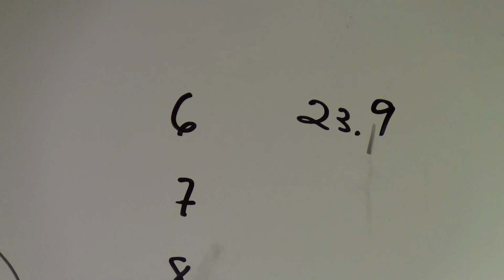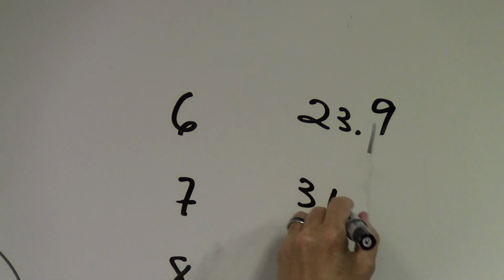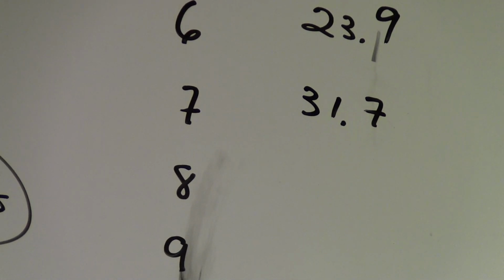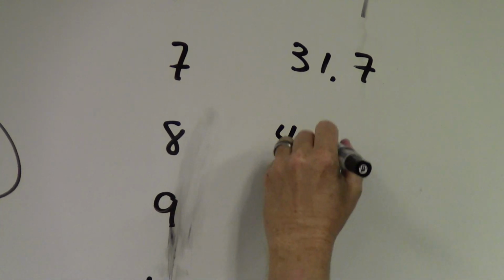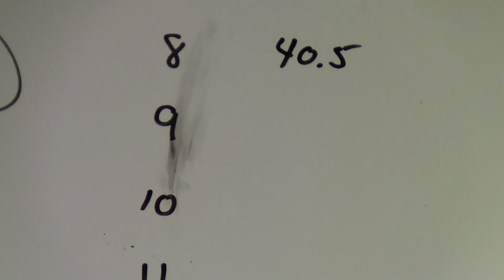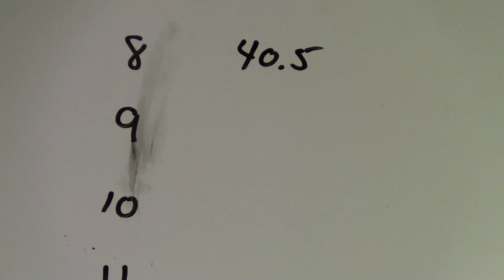Then it looks like 31.7. Double check, 31.7. And then it looks like 40.5. 40.5. The next one looks like 50.5.